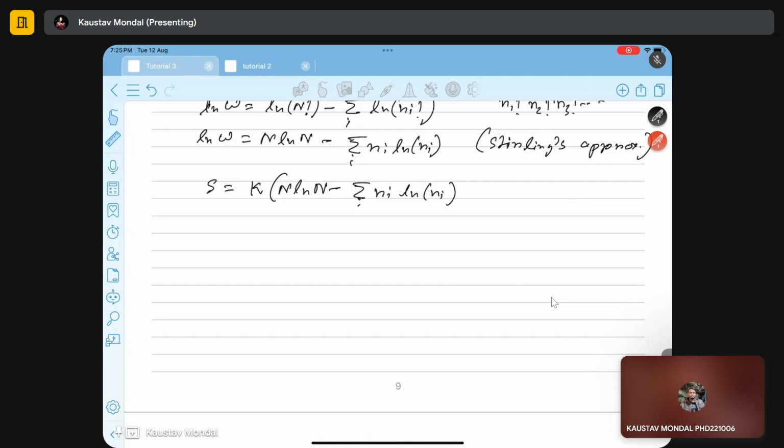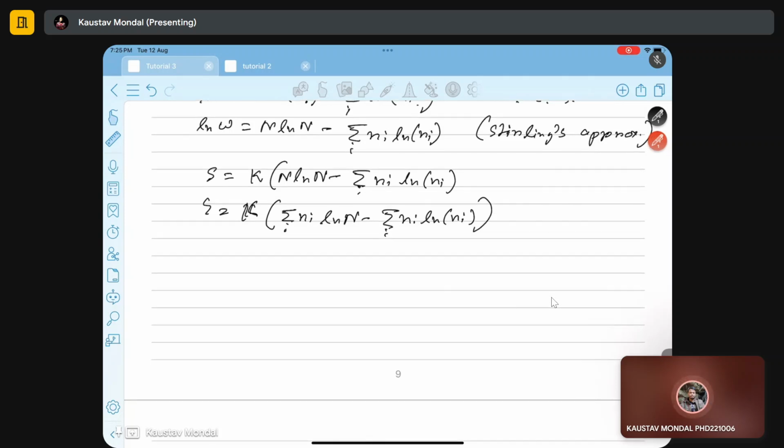Now you can rewrite this, just for the sake of faster calculation. From here itself you can write it like this.